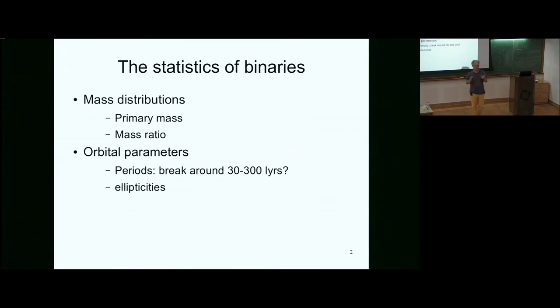So do you know for single stars what the distribution of masses of stars that start at the zero-age main sequence is?